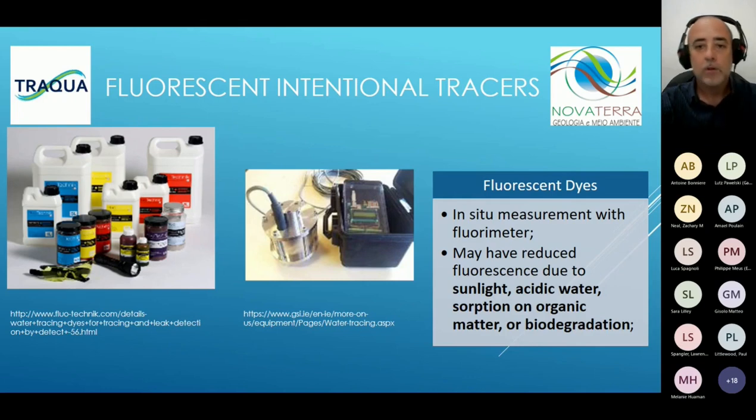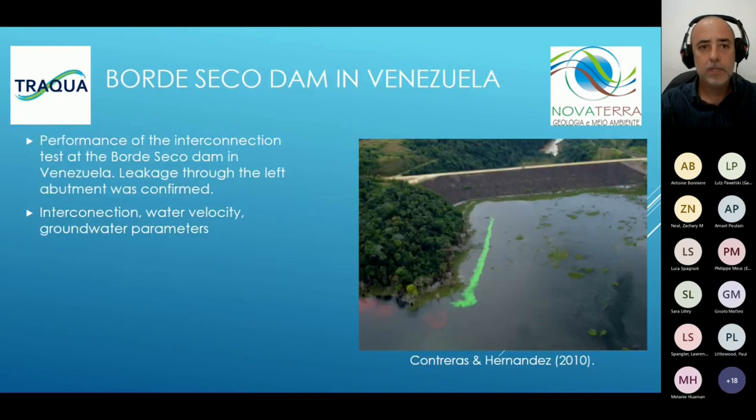Okay, so here a photo from the Bordo Seco in Venezuela. The authors Contreras and Hernandez suspected that leaks near the left abutment had their origin in the reservoir water.